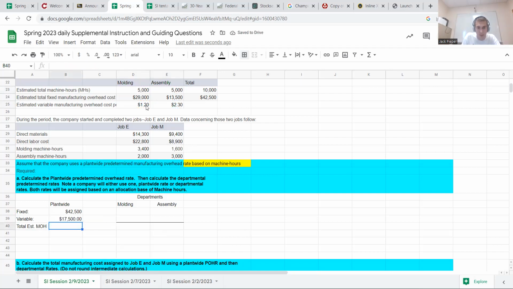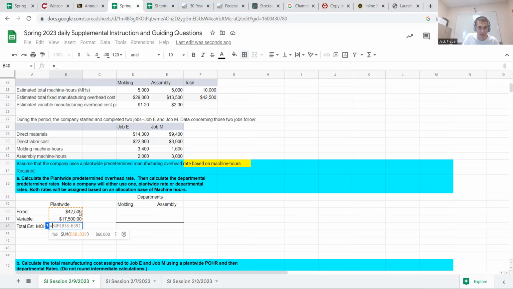Okay, so again, what I did was, since these numbers weren't the same, you can't add them together because you would get a bigger number than you're supposed to. So we would just add up all the fixed expenses in our departments, and then add up all the variable expenses in our departments, and then sum them together. So that's what we'll do here. It already gives it to me.